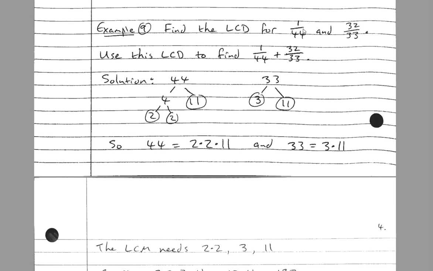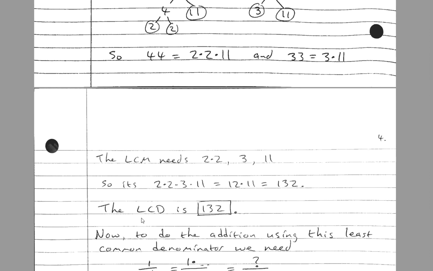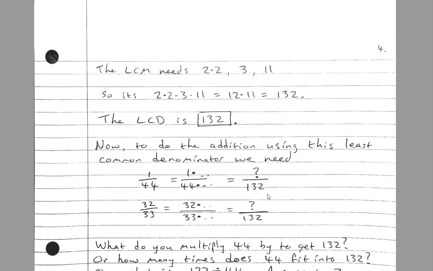So 132 is the least common multiple of the two denominators. So that's the least common denominator. All right, so this is a kind of bigger number.